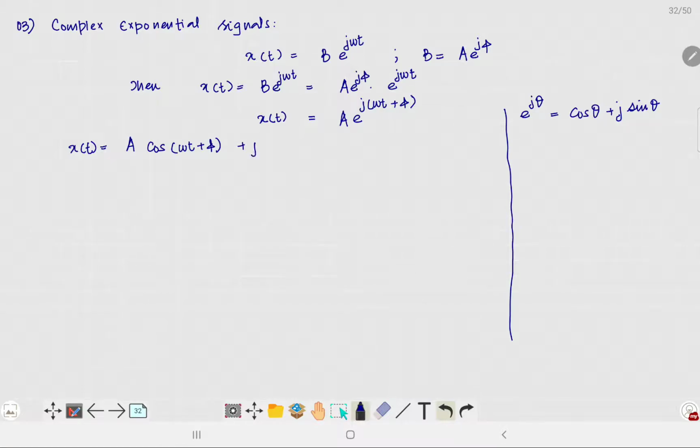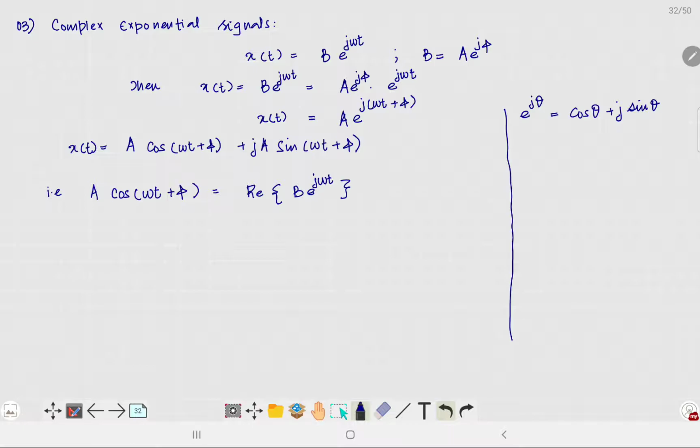Then we'll have the sinusoidal complex component, j sine omega t plus phi. Okay. In other words, if I compare real and imaginary parts, the cos component, a cos omega t plus phi, is basically the real part of x of t in general, we can say like this.